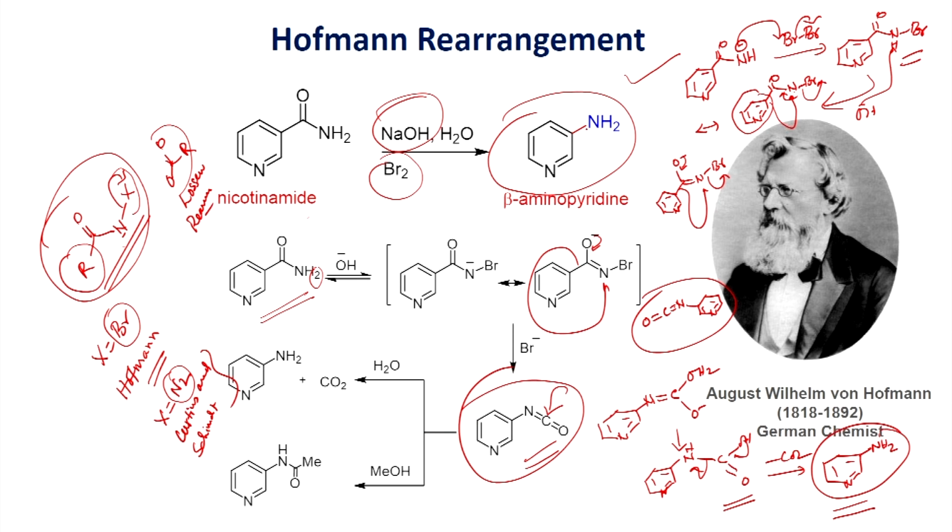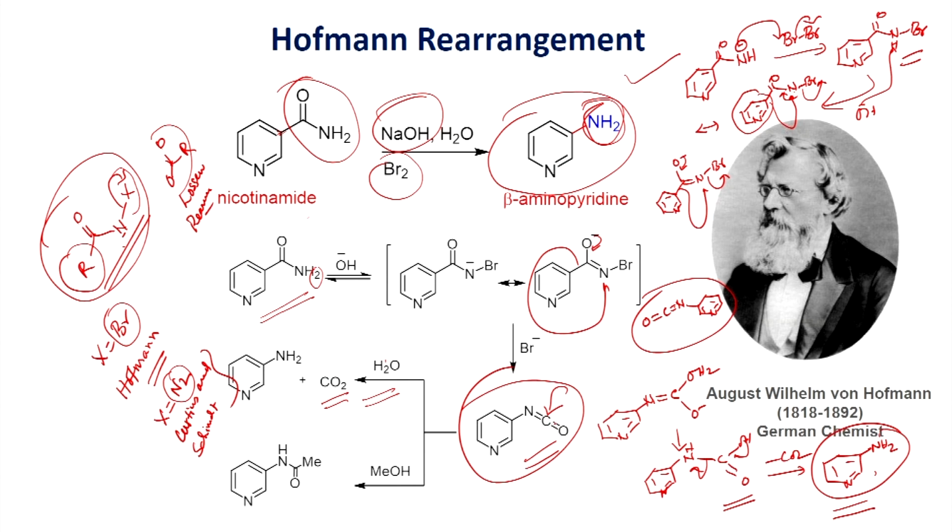The reaction is regiospecific. You can see here that the amide functional group is converted into an amino group at the same position, and this is the reaction pathway. For example, if you react with water you produce the amine, and you lose carbon dioxide.